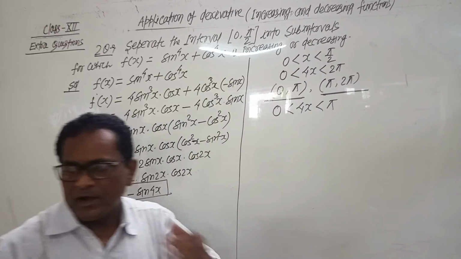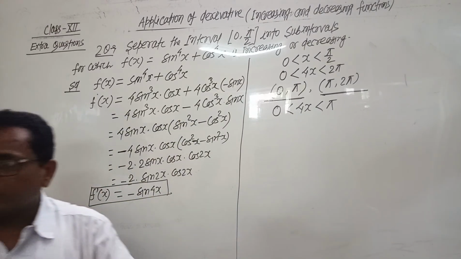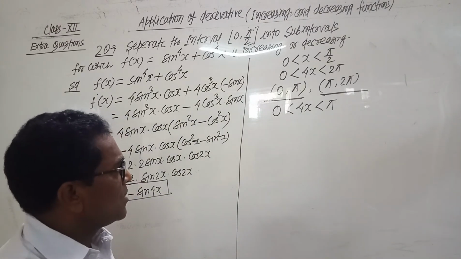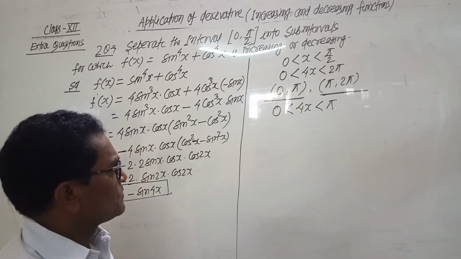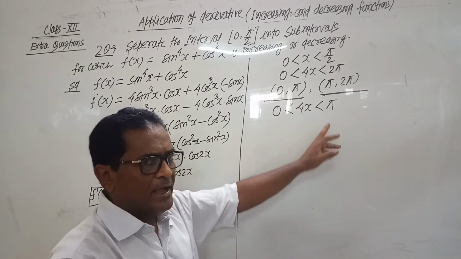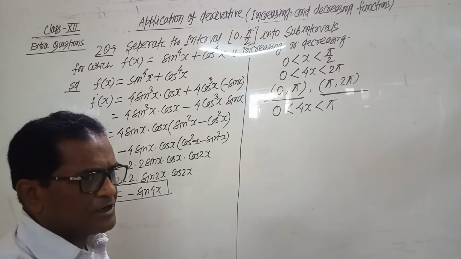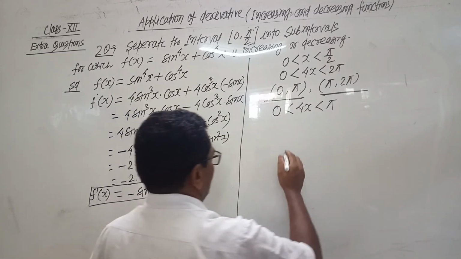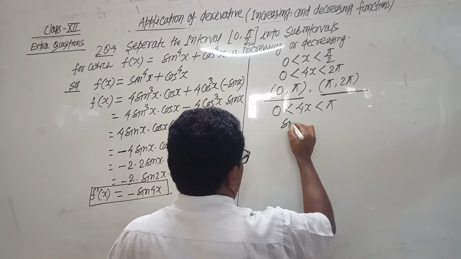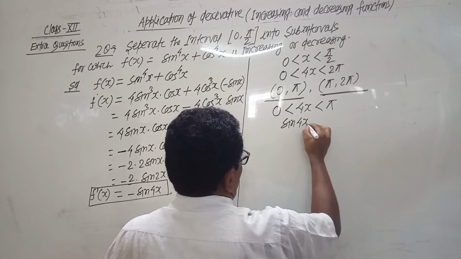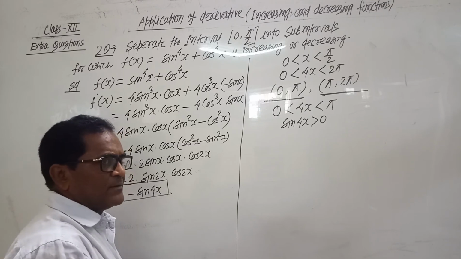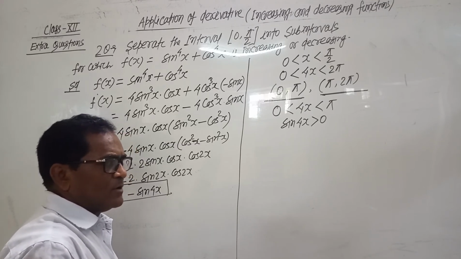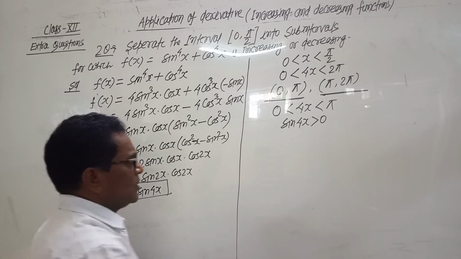We know that from 0 to pi, in the first and second intervals, the value of sin 4x is greater than 0.